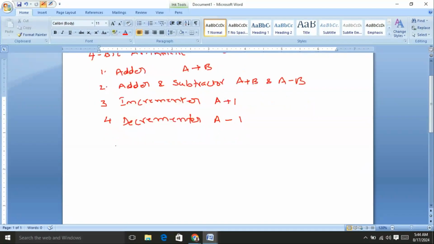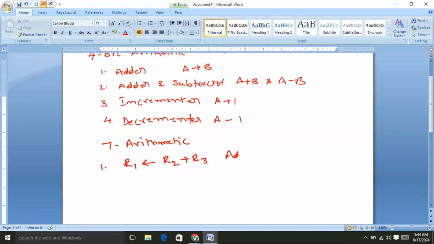And we also know that there are 7 arithmetic operations, right? I am revising all these things. The first operation is addition. We write R1 replaced with R2 plus R3. That is, the content of R3 is added to R2 and the result is stored in R1.